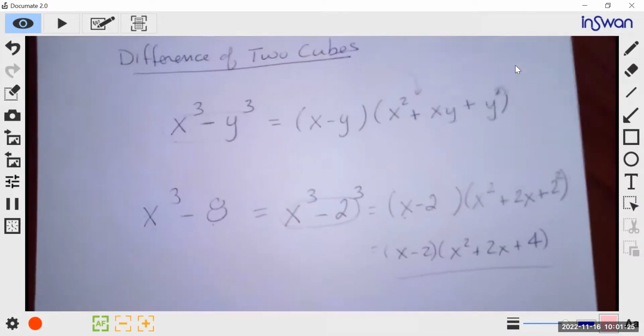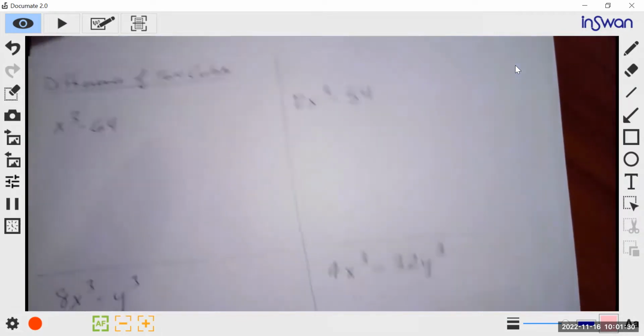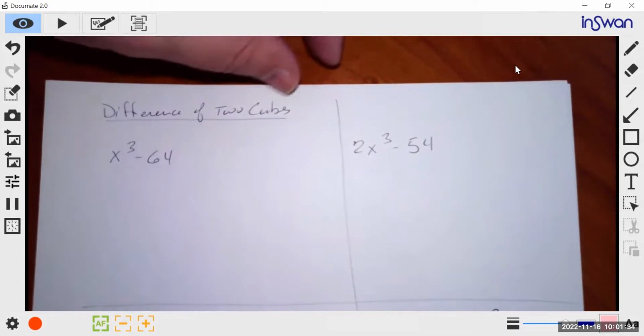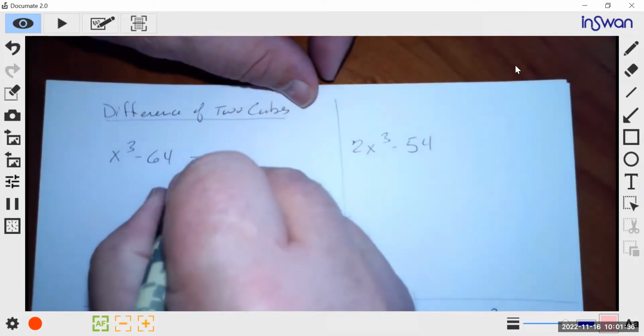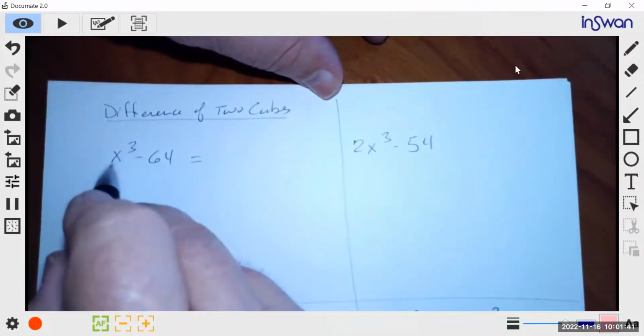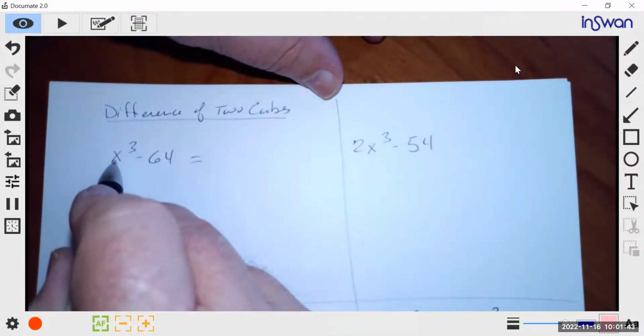Let's look at some examples. We have two terms. It's a minus between there. Is the first term a cube or a square?